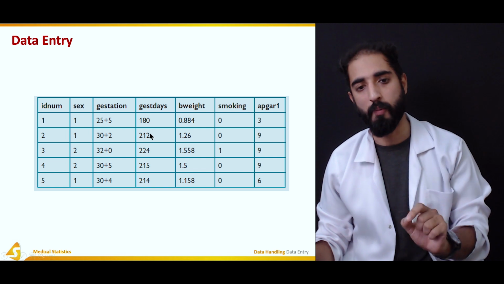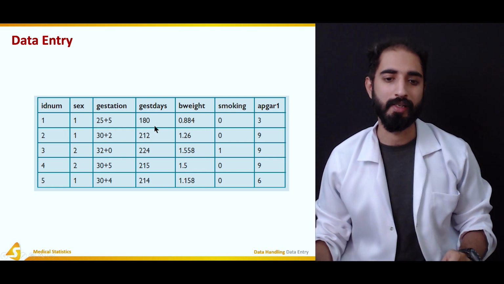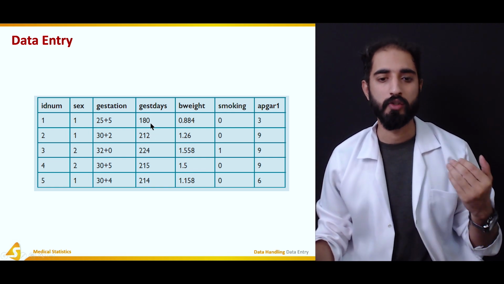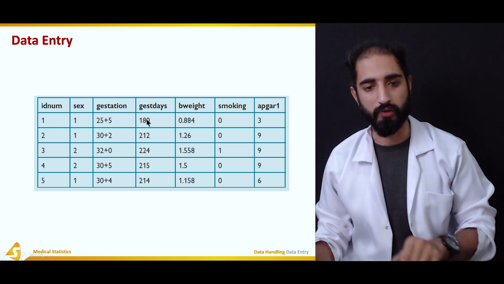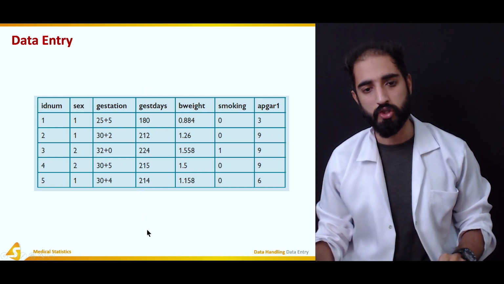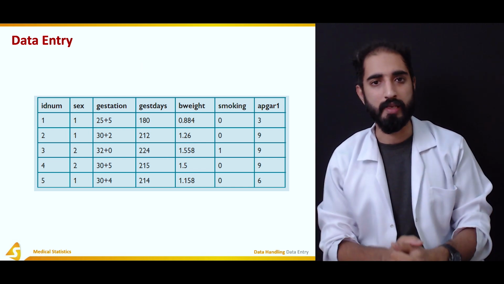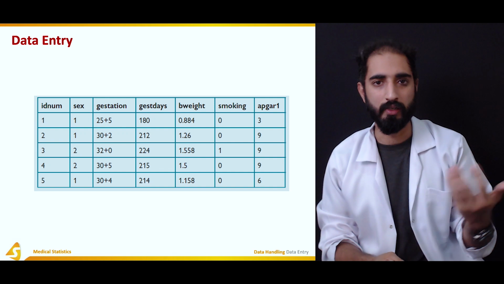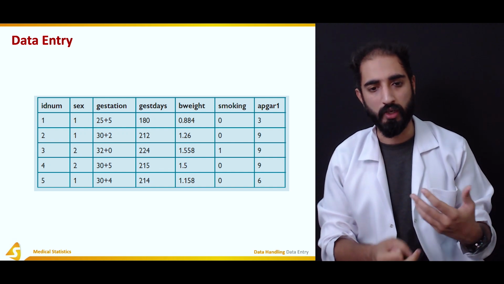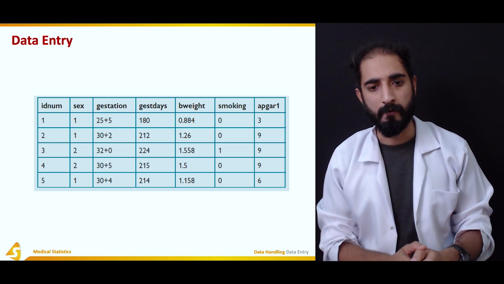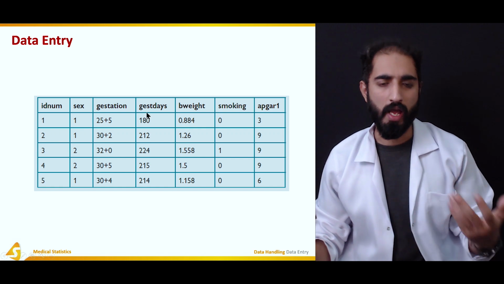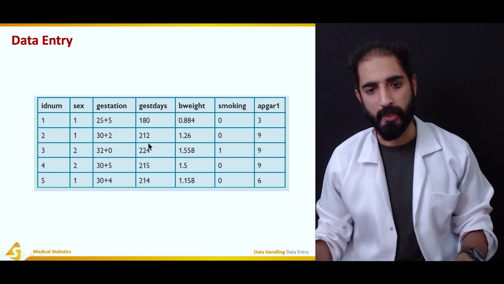They are in the form of any one unit, and here we can see it is in the form of days. So 180 days. So this is the form in which you can analyze this variable in SPSS. Either use it as a continuous variable, or as an outcome variable, or use it for averages and means and anything like that.